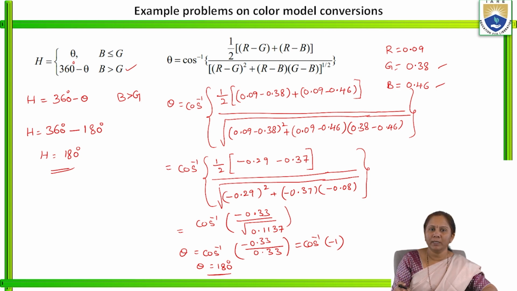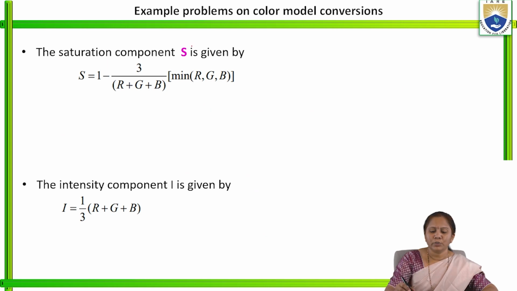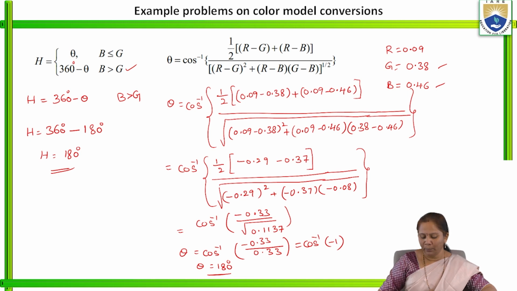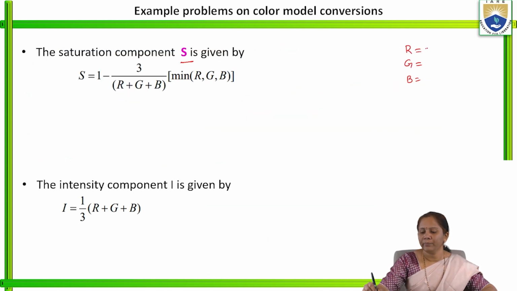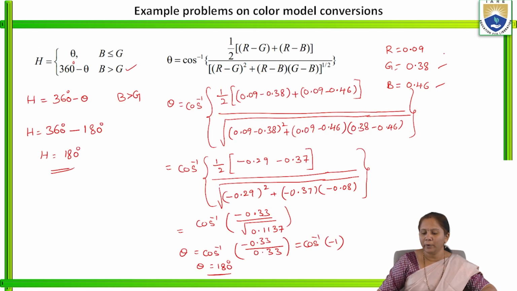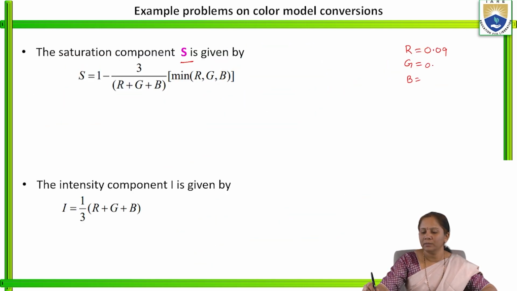Next, the component S we need to find. To find S, we consider the same R, G, B values as before: R is 0.09, G is 0.38, and B is 0.46.